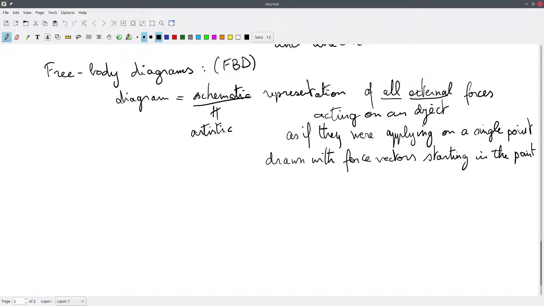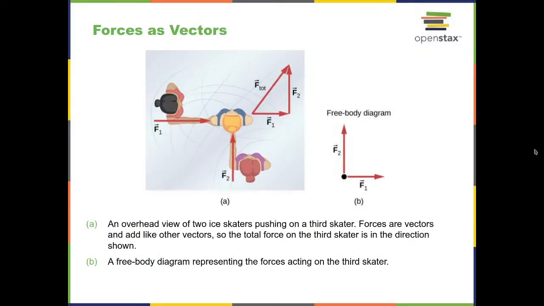So the way to create these free body diagrams, as we do here, for example, is first treat the body that you want to describe the motion of due to these forces as a single point, and pick that point at the center of a coordinate system. Then draw the forces from the point outwards, and of course the next step will be to determine the components in this coordinate system.